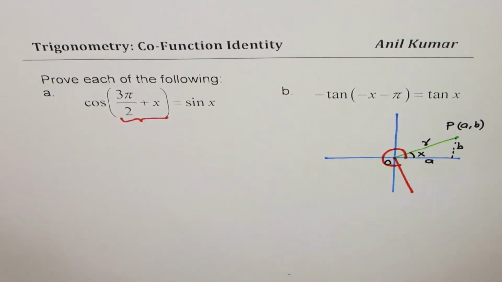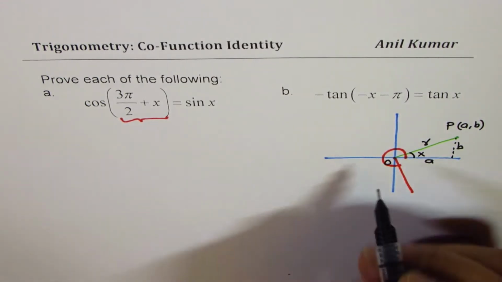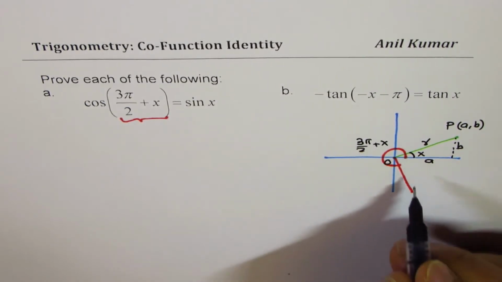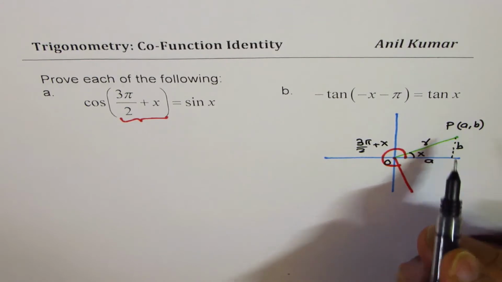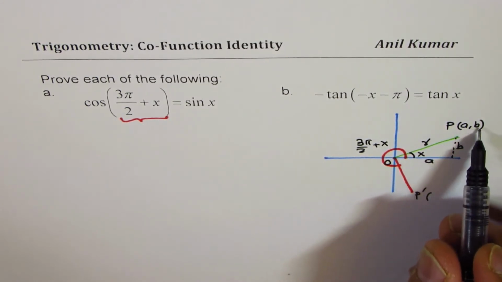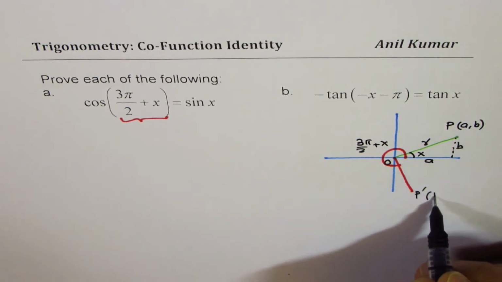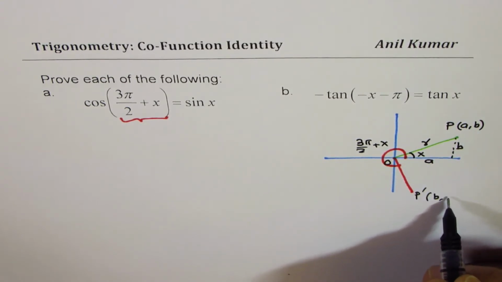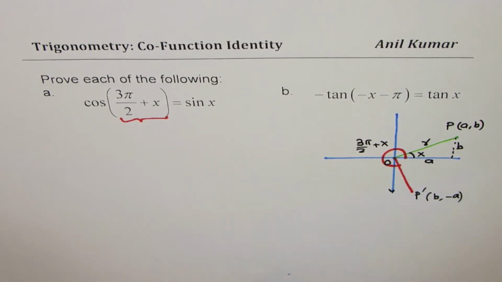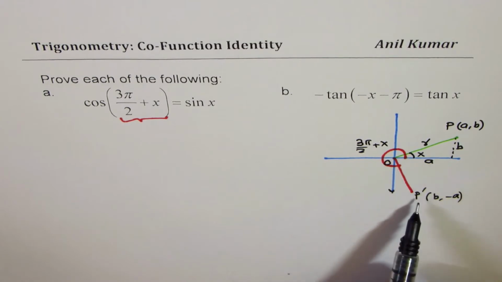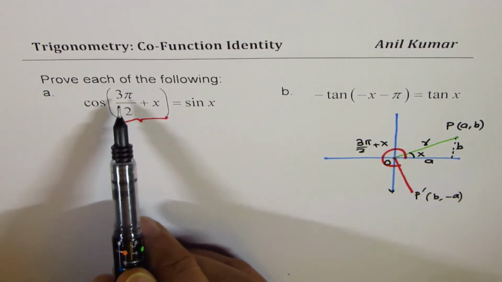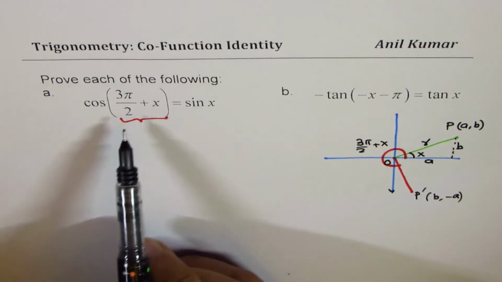Now in this particular situation, the angle is 3π/2 + x. You can see that for the point P dash, A has become B and B has become A, right? So it's kind of (B, A), where since it is towards minus y, it's minus A. And from here, these triangles clearly indicate that cos(3π/2 + x) is sin x.